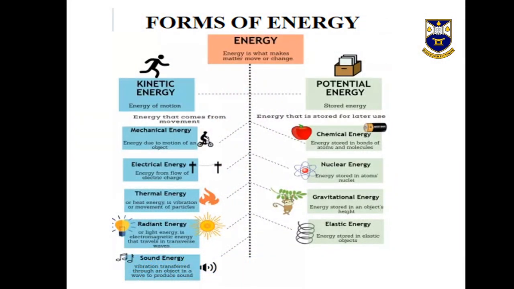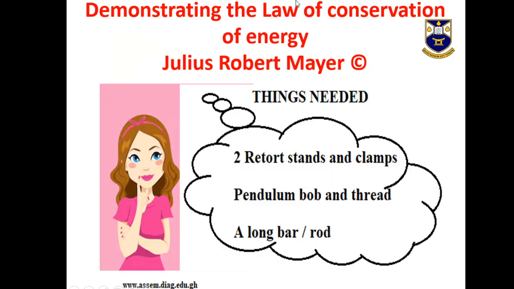So we know we can't create energy and we can also not destroy it, but we can change it from one form to another. And this is what we have always referred to as the law of conservation of energy.